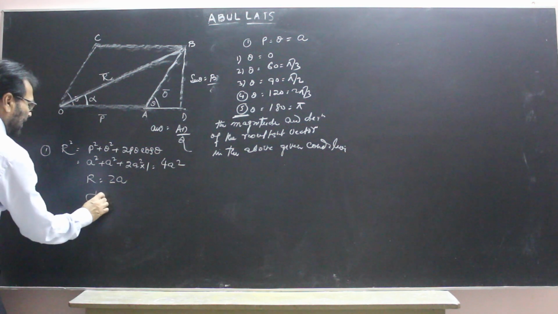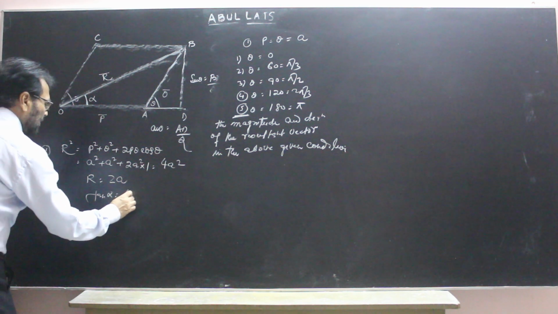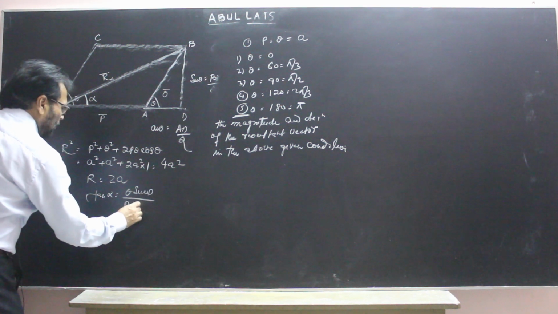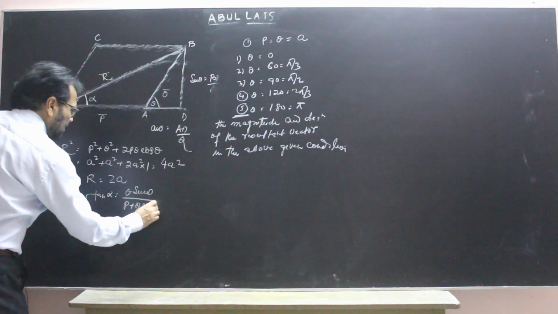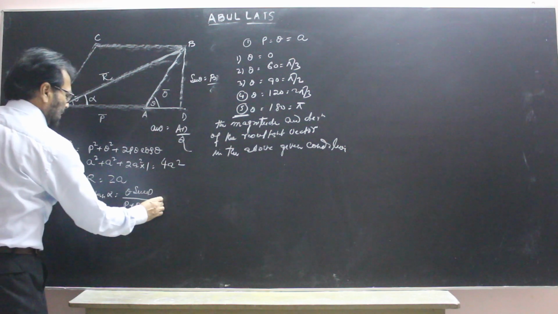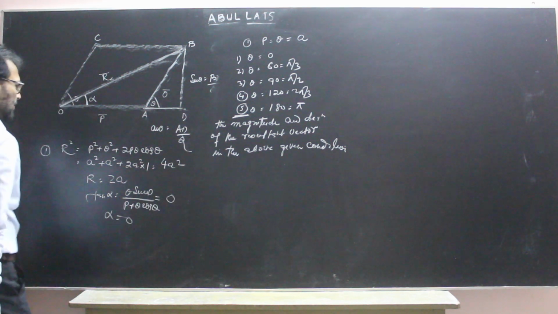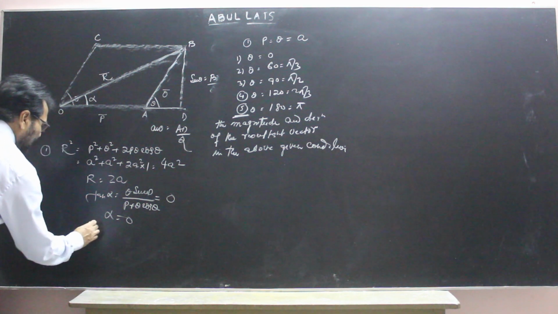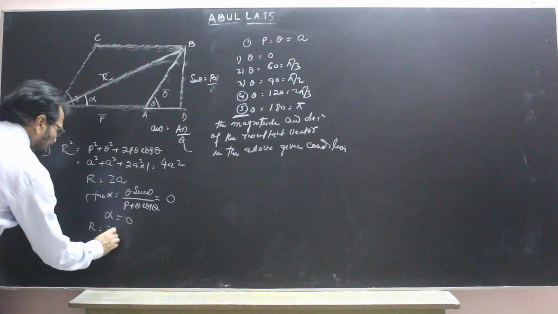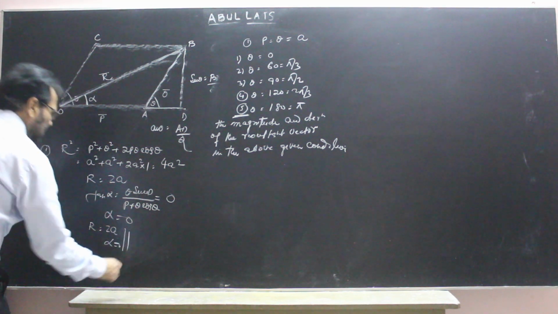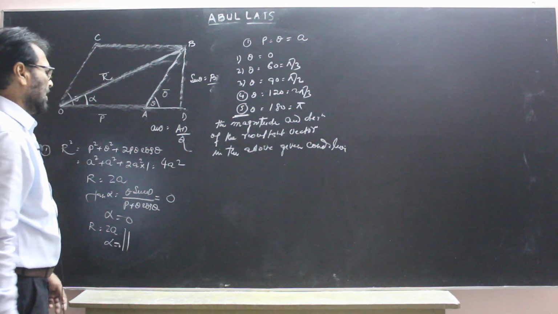And tan alpha is Q sin theta over P plus Q cos theta, and here theta is 0, so sin theta is 0, so alpha is also 0. So the resultant is 2A and it makes an angle alpha equal to 0 with either of the vectors.